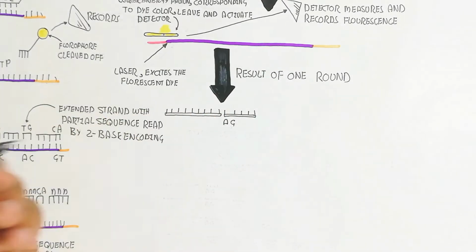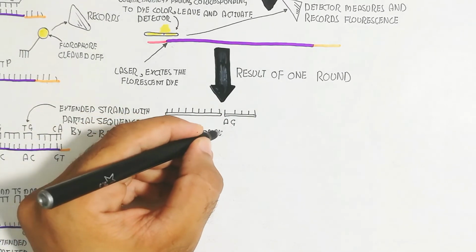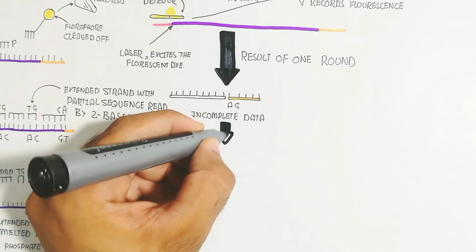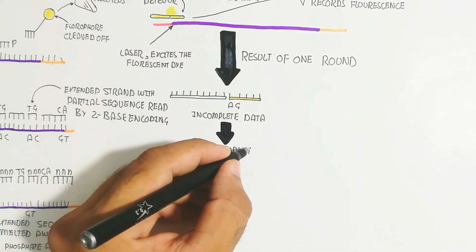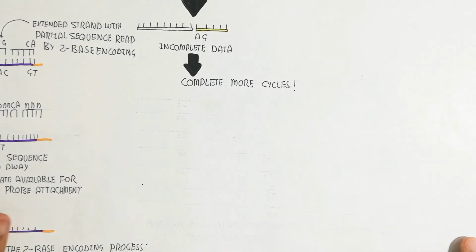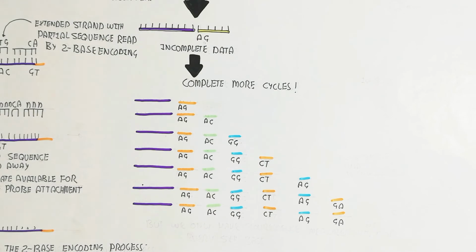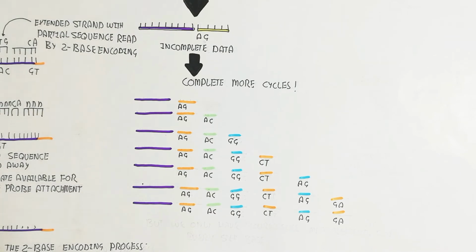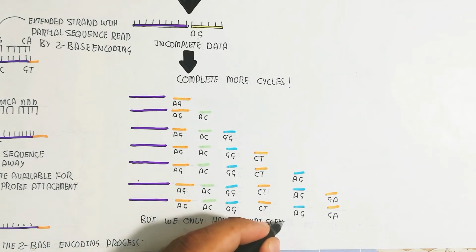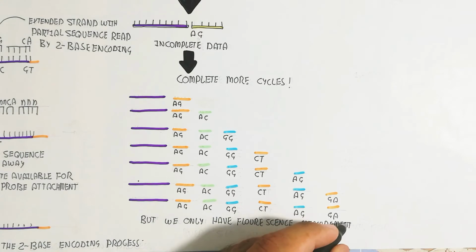This is adenine with guanine, which produces the color, the complete cycle. But we only have 4 fluorescence measurements even for the fifth base, so 5 cycles can be created to produce the different types of color.